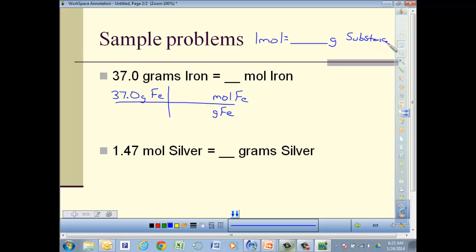So when I look at the periodic table, iron, it says is 55.847. 1 mole goes on top. So when I take 37 and I divide it by 55.847, I end up with 0.663 moles of iron. Again, the label moles of iron because our grams cancel out.